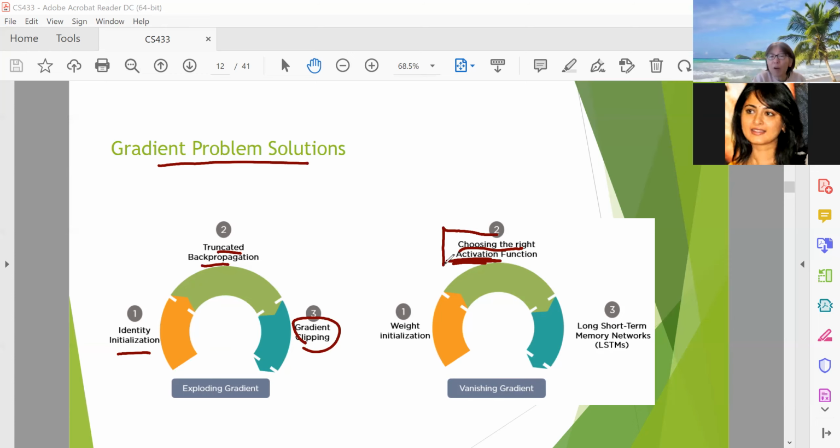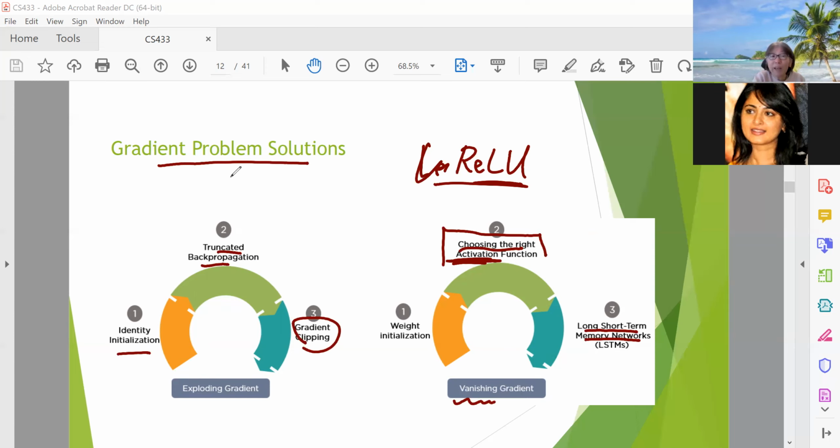Previously we discussed that there are different activation functions. In neural networks, we use ReLU a lot in ANN because it has some benefits. And for the vanishing gradient issue, one of the solutions is to use long short-term memory networks.